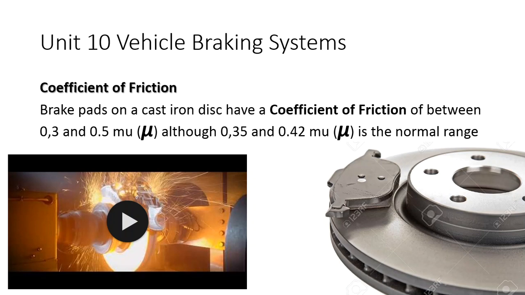And this is worked out in exactly the same way as the bricks on the table. The force needed to slide the disc against the pad divided by the clamping force clamping the pad to the disc.